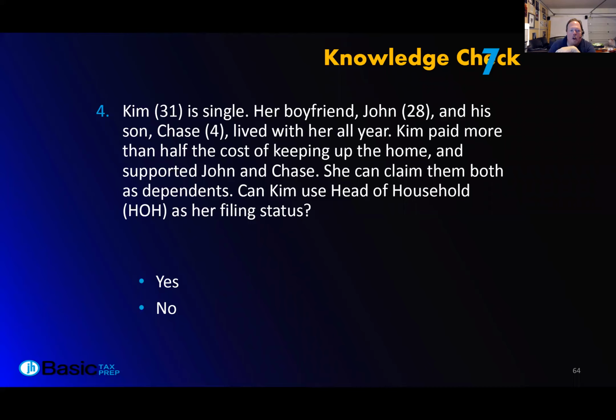Her boyfriend, John, and his son, not their son. And his son. So guess what? Lo siento. Nada. That's the important part. But what's that sentence there? It says she can claim them both as dependents. You may be able to.